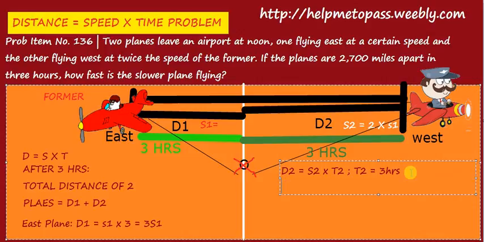Now D2 could then be expressed in terms of S1. Why? What is S2?